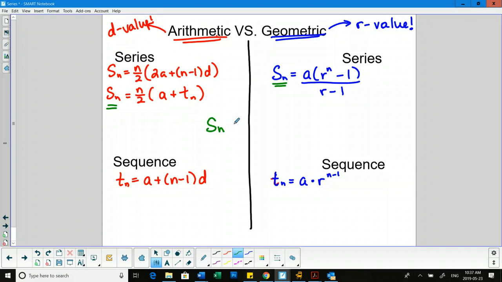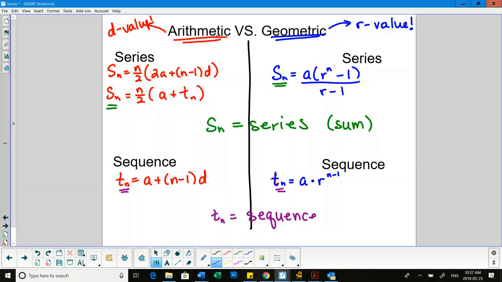Okay, so Sn, you should be thinking series, or what we call the sum. And for these guys down here, you can know the difference between a series formula and a sequence formula based on Sn or Tn. So Tn is telling us a sequence formula, or it gives us a term value. So we think term.